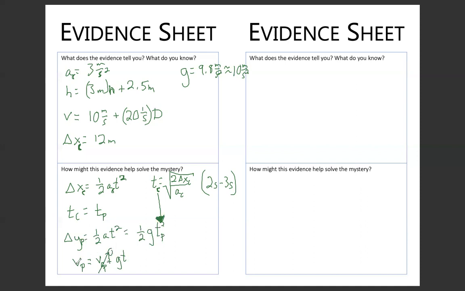So the velocity of the plant upon impact is just going to be g times, again, that same time we found right here. So that time could go in there too. So we know the speed of the plant upon impact, and we know the height that the plant fell from.